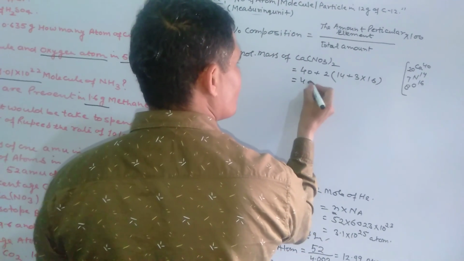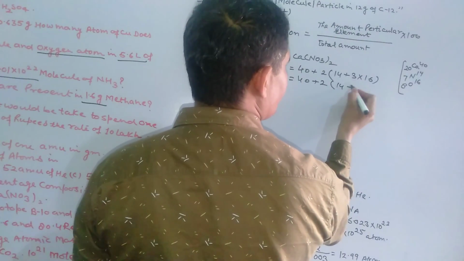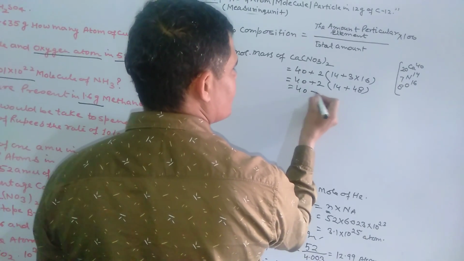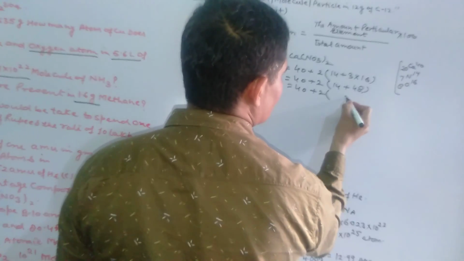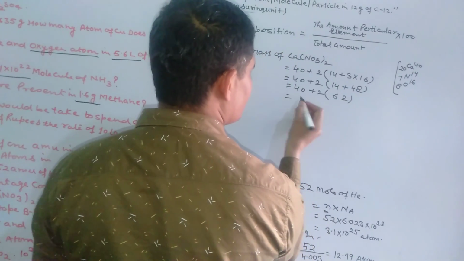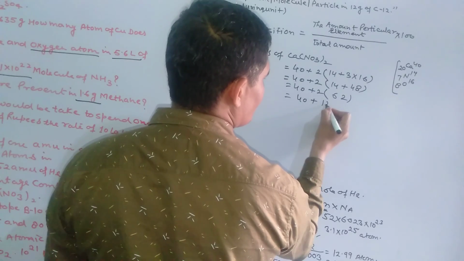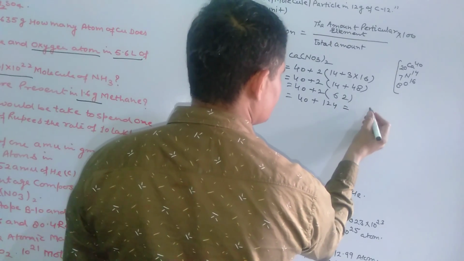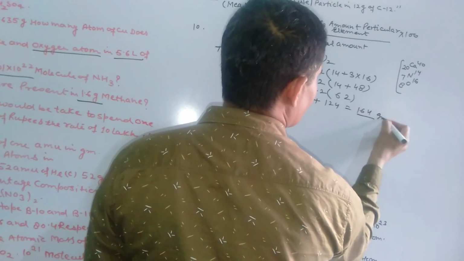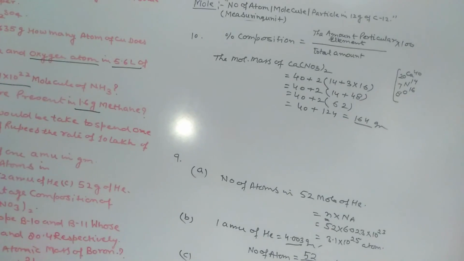Hence 40 plus 2 into 14 plus 48, 62, and it is 164 gram. That is the molecular mass of calcium nitrate.